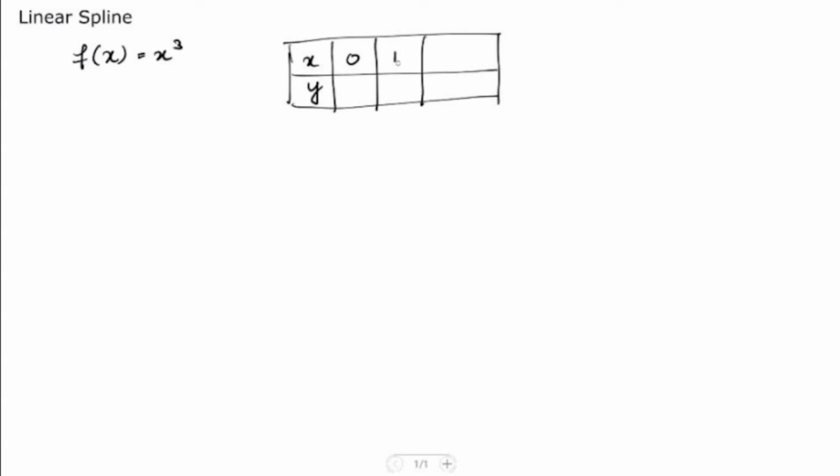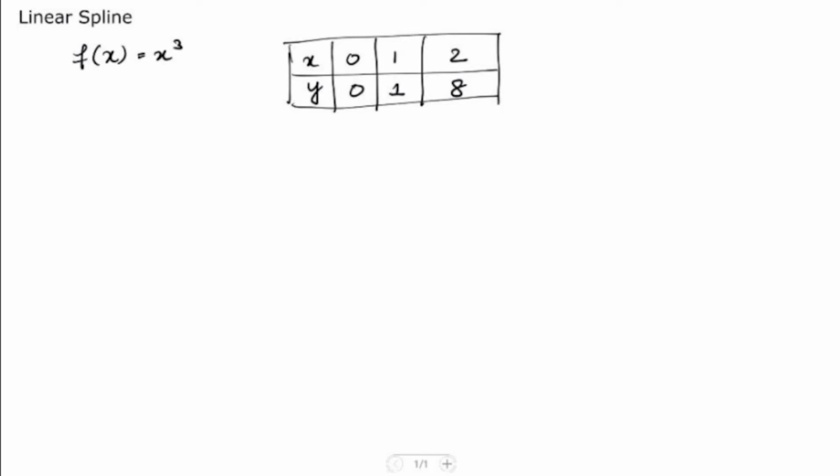And we have 0, 1, and 2 here for x values, and we have to find out the y. So when x is equal to 0, y is 0 cubed. If you put the 0 into the function, it will be 0 cubed, that will be 0, and then 1 cubed is 1, and 2 cubed is 8.